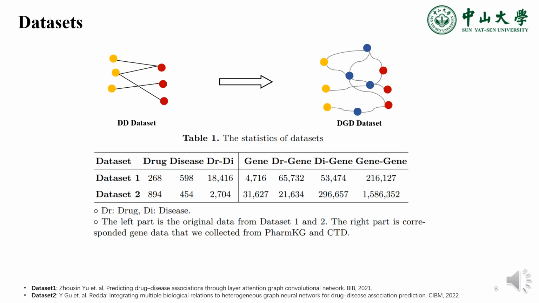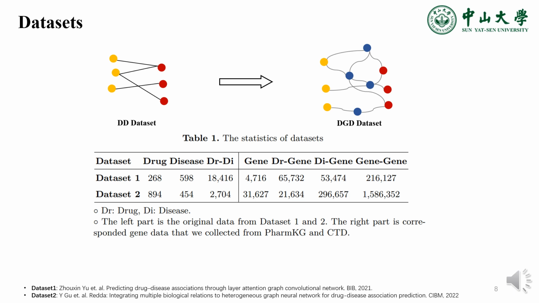We choose 2 drug disease datasets from previous works, and we call it the DD dataset. And we collected the related genes for drugs and diseases, and also gene-gene relations from an external database. We called it the DGD dataset.